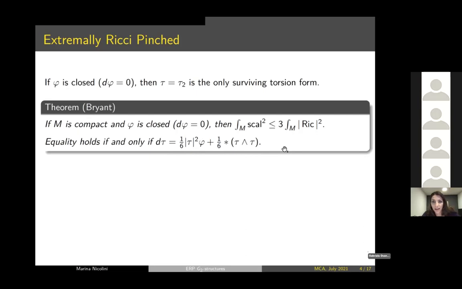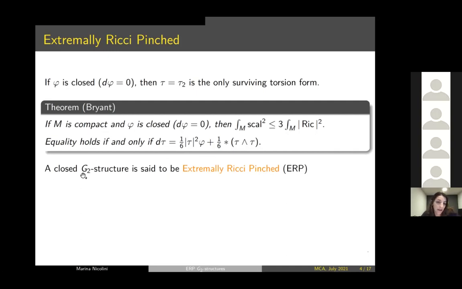So this inequality is called the Ricci pinching estimate, and the G2 structures that satisfy this condition are going to be called extremely Ricci pinched. And we are going to forget about the compact assumption.